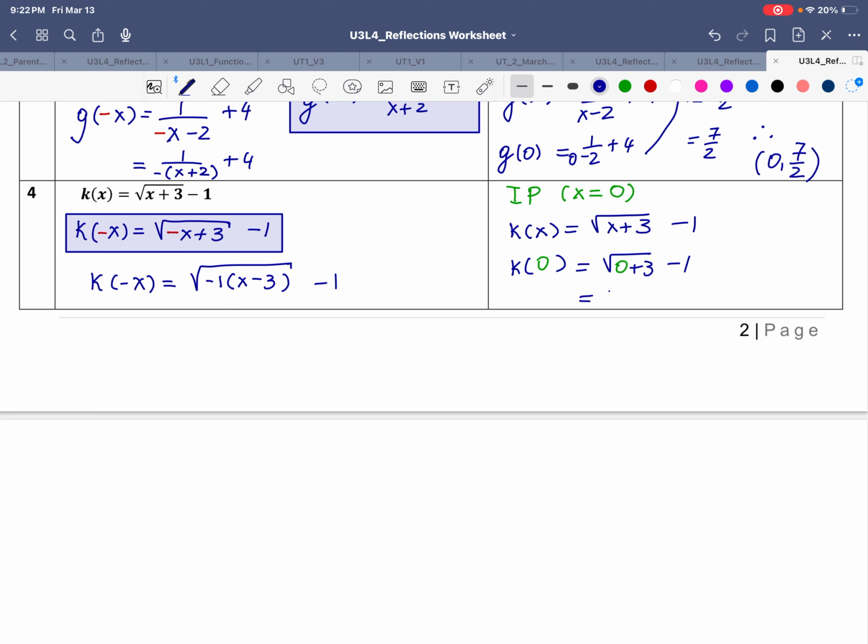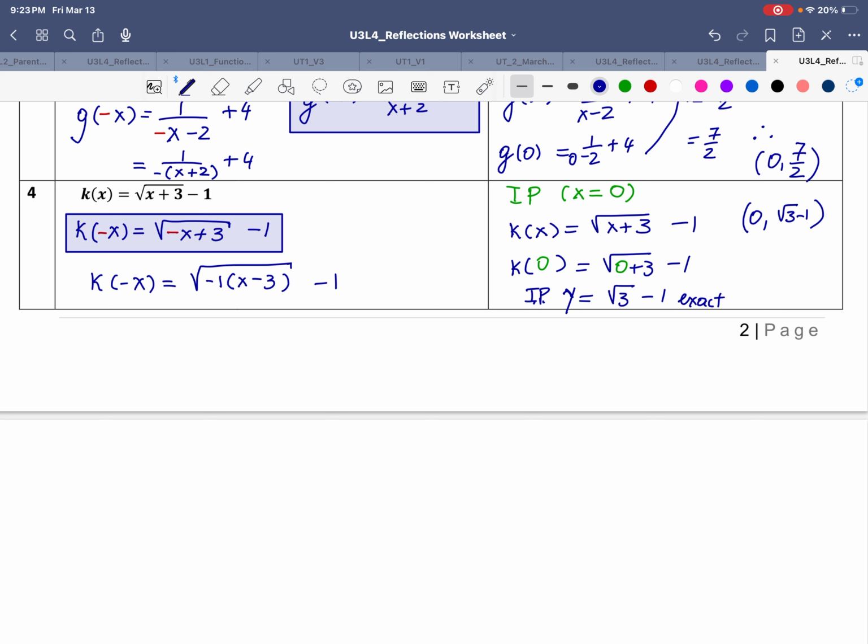So that would be root of 3 minus 1, and this would be the exact value. So the invariant point will have the y coordinate of root 3 minus 1. That's the exact value. So we're going to say that it is 0, root 3 minus 1, or you can use a calculator and round this answer as well, right?